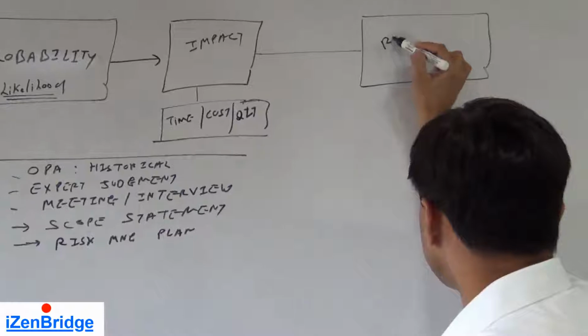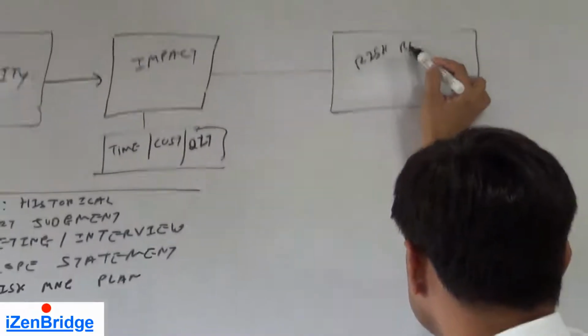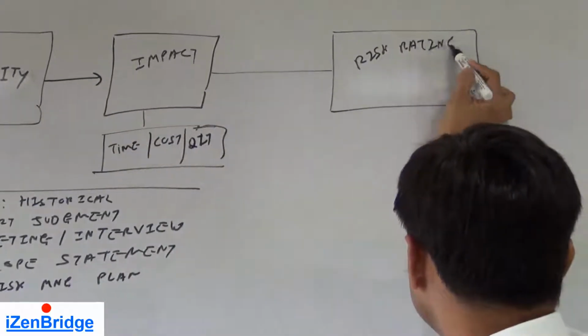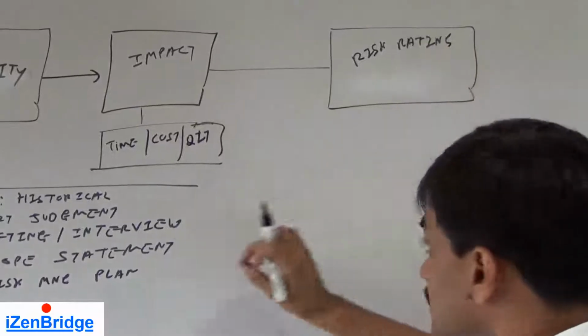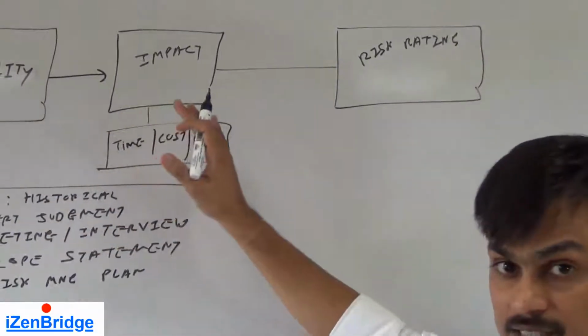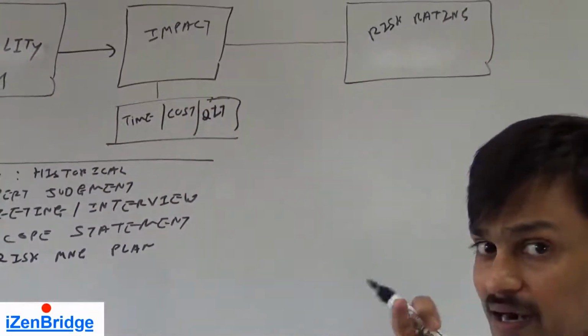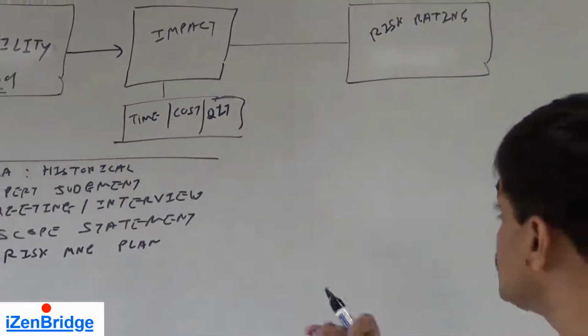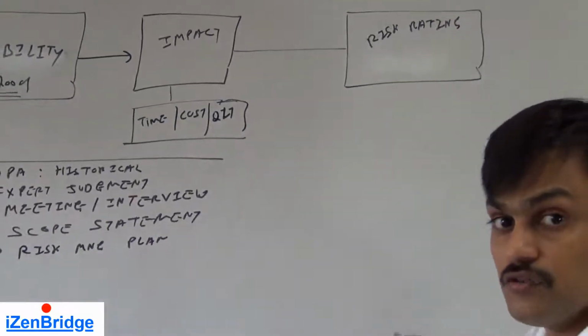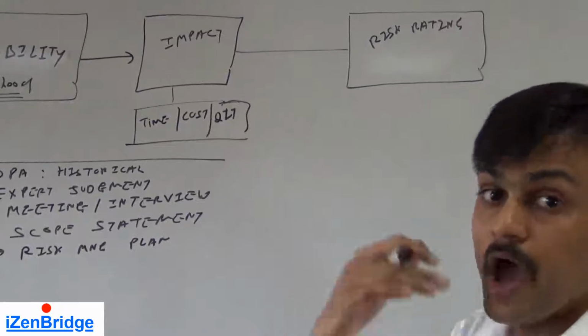In order to identify a risk rating, we need to put together the factors of probability and impact and find a common rating or ranking which can tell us which risks are of higher priority.